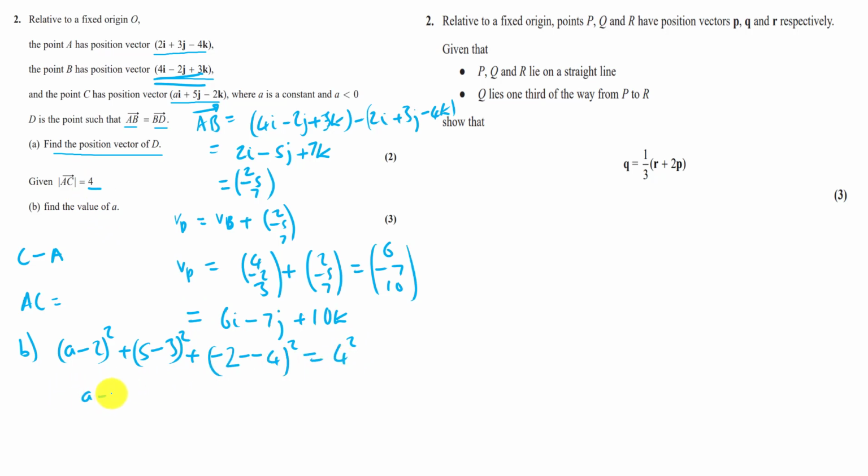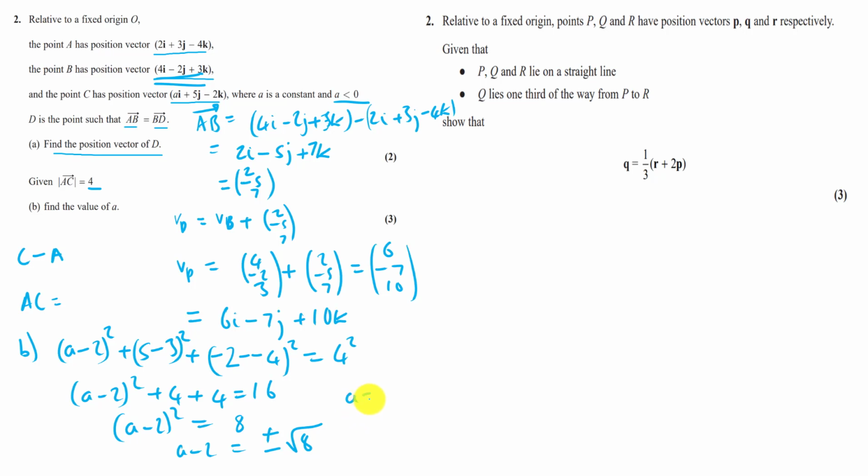So we get a minus 2 squared, that's going to give us plus 4, that's going to give us plus 4 equals 16. So we get a minus 2 squared, we take away the 8 on both sides, equals 8. Square root the 8, so a minus 2 equals plus or minus root 8, and here it says a is less than 0.